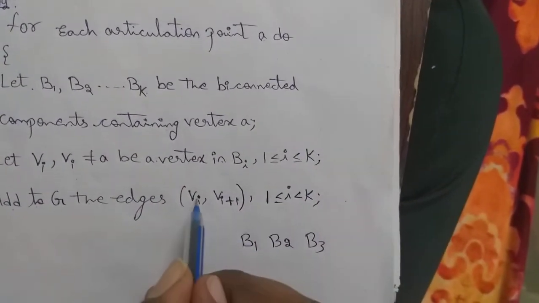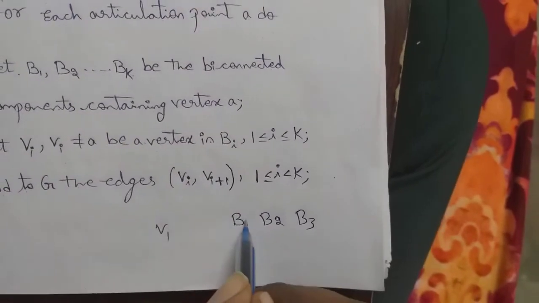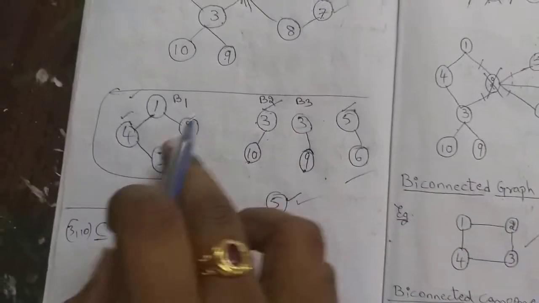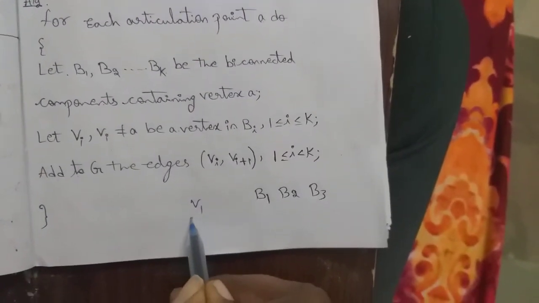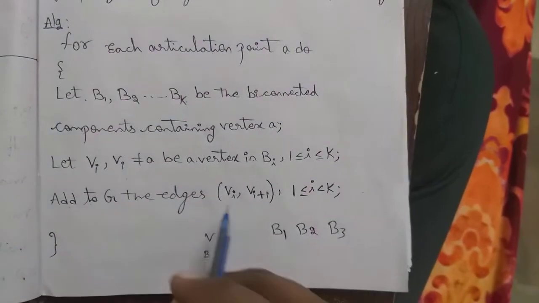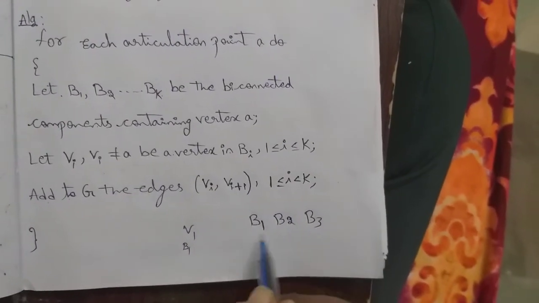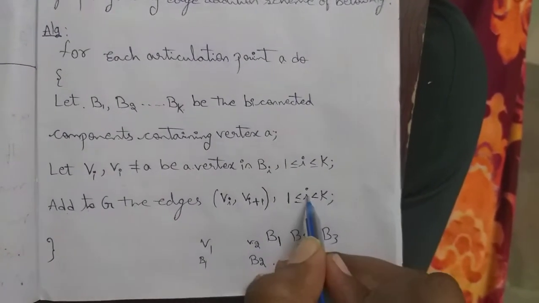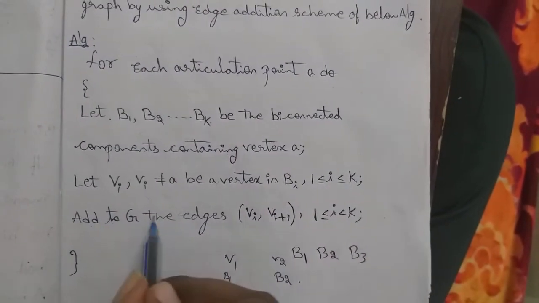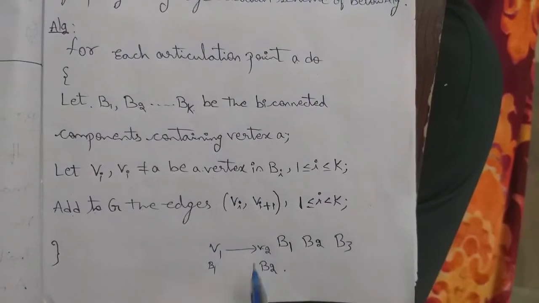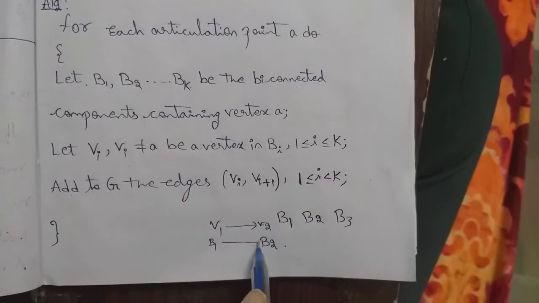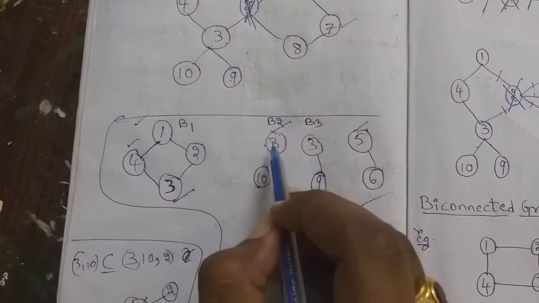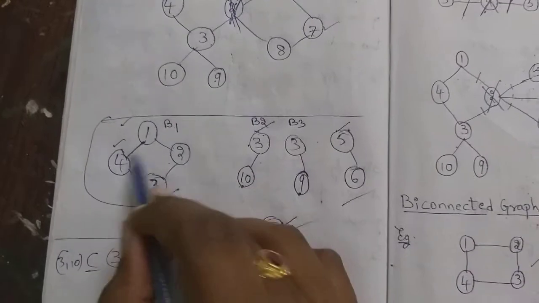V1 means the vertex we have selected in biconnected component 1, and Vi plus 1, that is V2, is the vertex in biconnected component 2. When i is equal to 1, add to G the edge V1 to V2. It means an edge from biconnected component 1 to biconnected component 2, for example B1 to B2, 4 to 10.